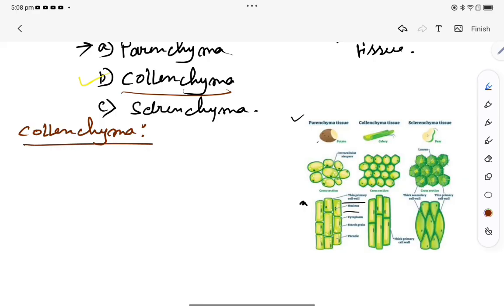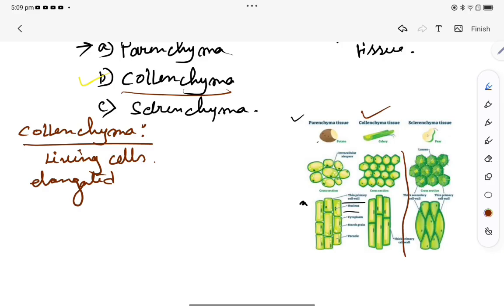Now, Collenchyma are also living cells. They are elongated. In the diagram, this one is the Collenchyma part. Here, they are the corner portion.